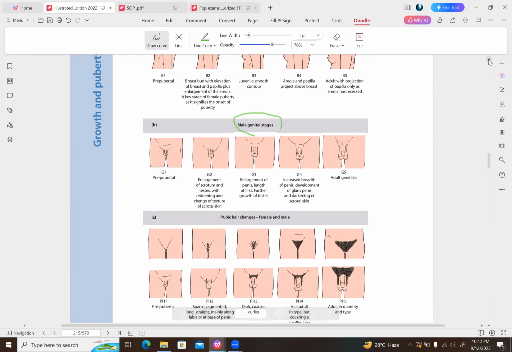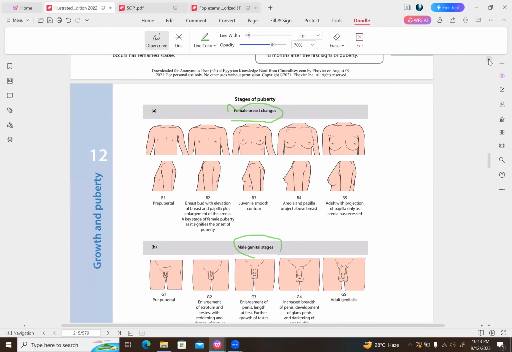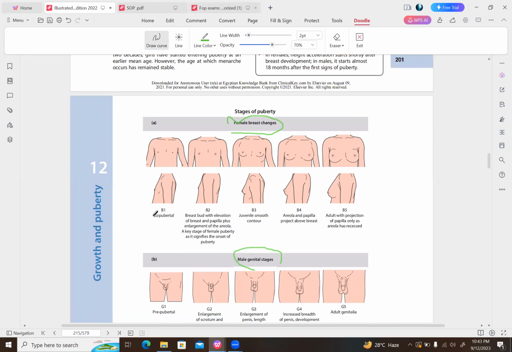Starting with the breast, it is B for breast, so it is B1, B2, B3, B4, and B5. What is B1? B1, this is pre-pubertal, and B2 is the development of bud. This is the bud.